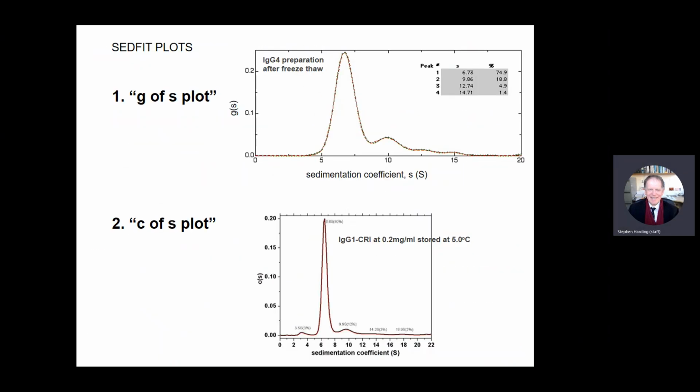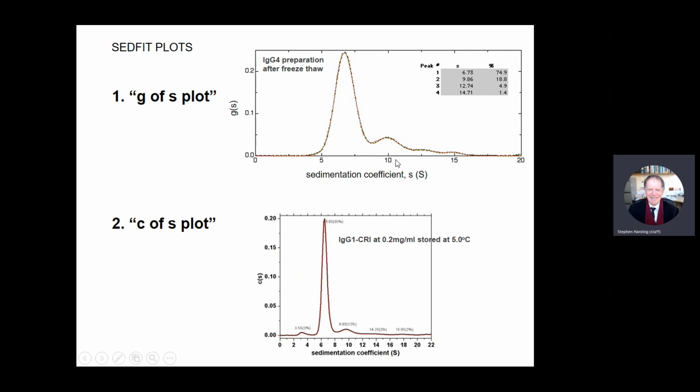Right, these are what's called SEDFIT distribution plots. This is what we call a G of S plot, straight sedimentation distribution. This is an IgG4 preparation after a freeze thaw. You can see the monomeric species here, and you can see the different species of different molecular weight.